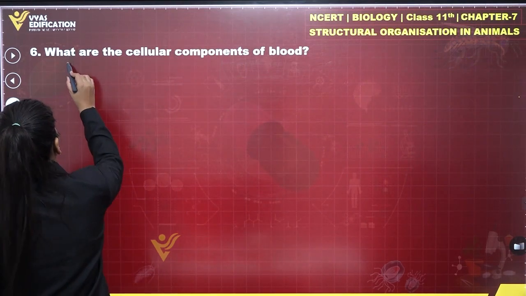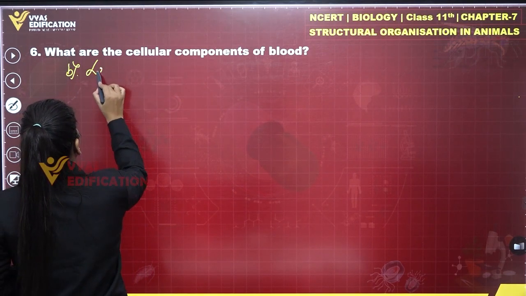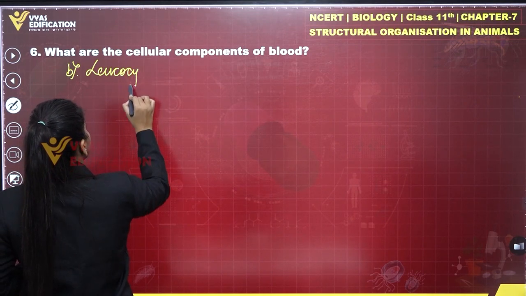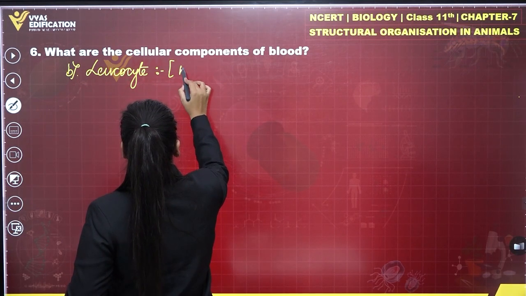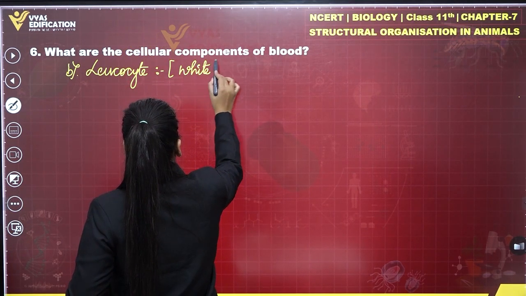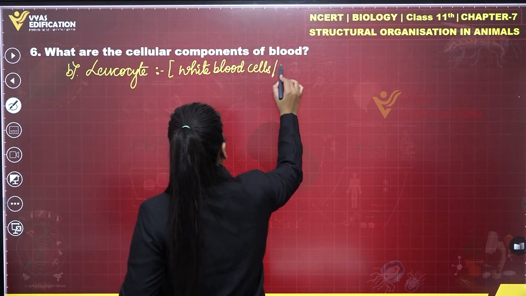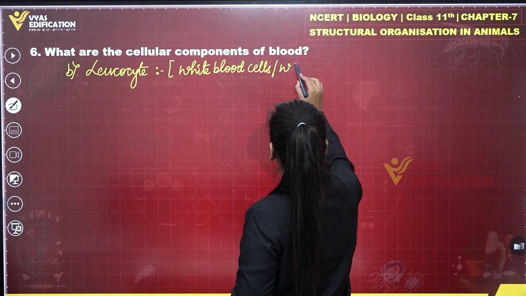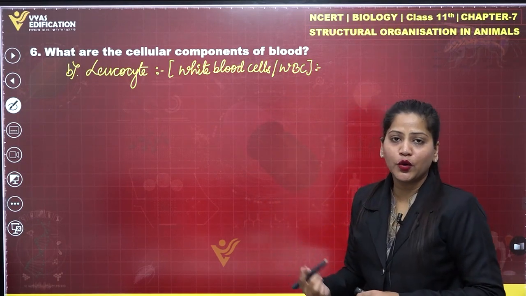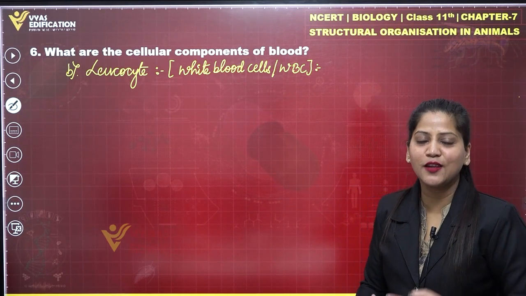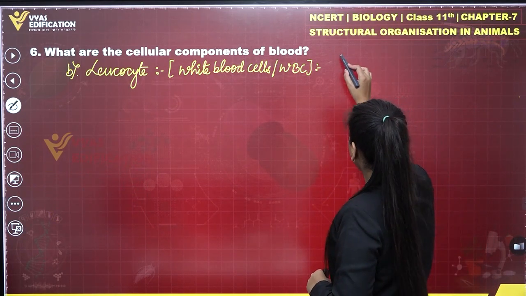Leukocytes are also called white blood cells, or WBC in abbreviated form.